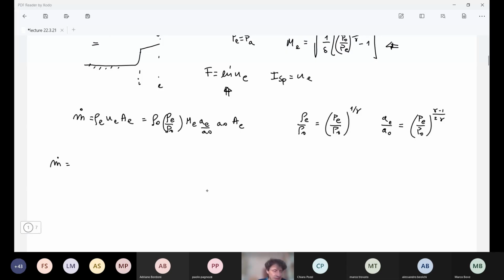I group the quantities which are, let's say, independent of the pressure ratio, and then I have P over P0 to 1 over gamma. Then I have the Mach number, which is 2 over gamma minus 1, which is this delta, was 1 over delta, and P0 over Pe, gamma minus 1 over gamma, minus 1. This is 1/2.